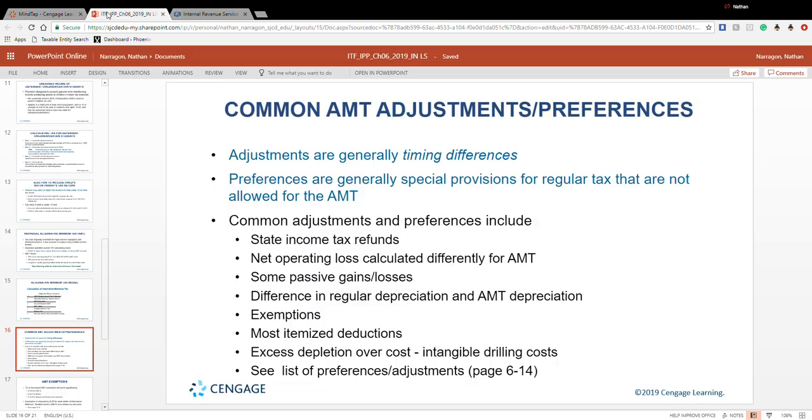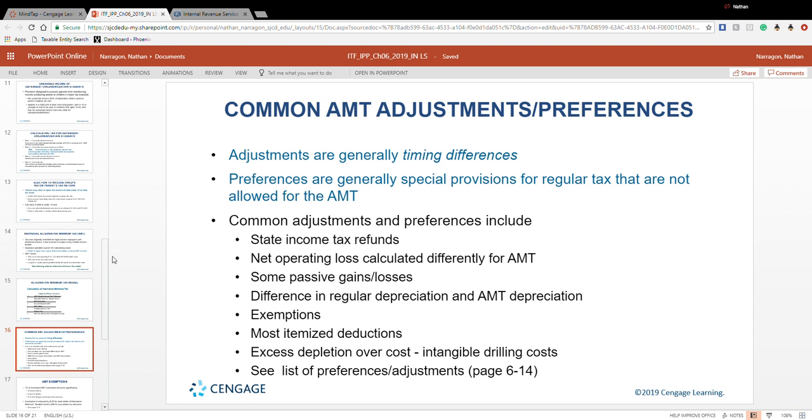So when the book looks at it, common adjustments include state income tax refunds and net operating loss, calculated differently for AMT. Again, this is stuff that dives deeper, that you'll find more with other courses once you dive deeper into taxes. And since it changes so much, it's hard to pinpoint, so we're giving you mostly the common overview.